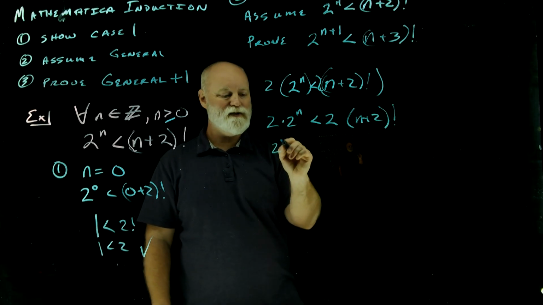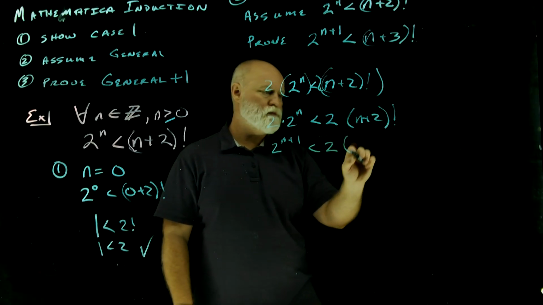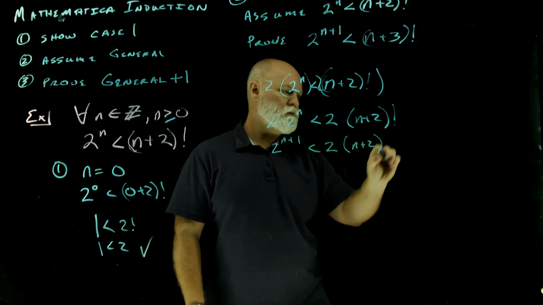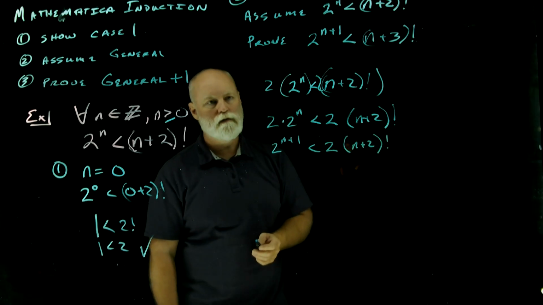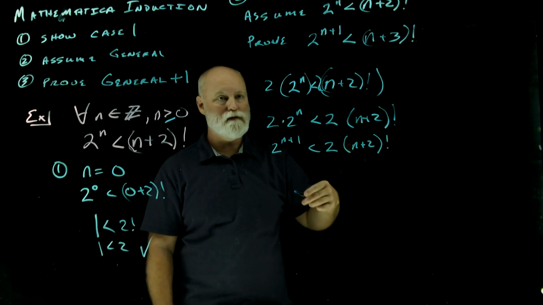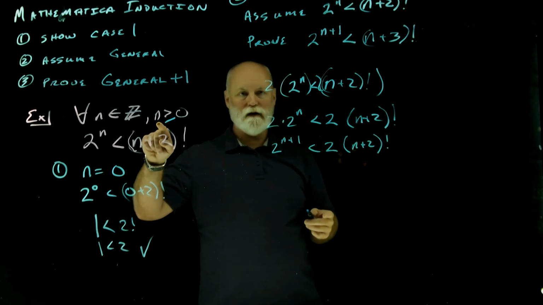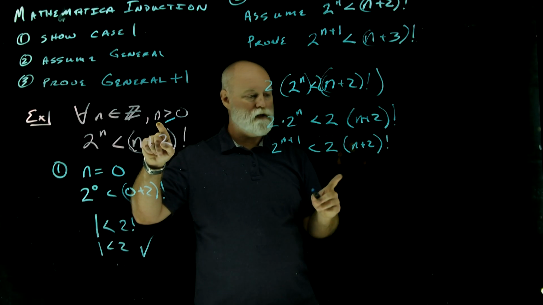This is 2 to the n plus 1, right? Now what? This is where we have to go back and remember something: n is greater than or equal to 0.